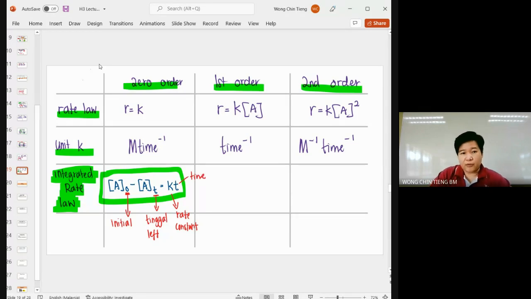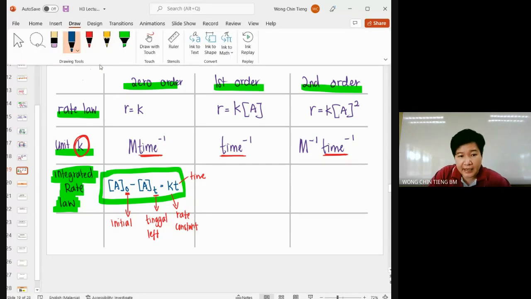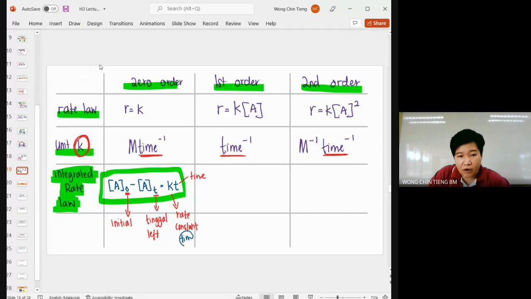Alright. So, kalau kamu tengok unit K, kita fokus sikit kat unit K. Your unit K semua melibatkan time. Perasan tak? Kan, unit K kamu semua melibatkan masa, betul? Tak kisahlah dia adalah molar negatif berapa pun, tapi dia akan ada per time. That is your unit K. Therefore, kind reminder, the unit time in your rate constant and the unit time in the T must be the same. Maksud teacher, kalau unit K kamu sekarang katakan M s^-1, bermakna masa kamu kena guna saat.